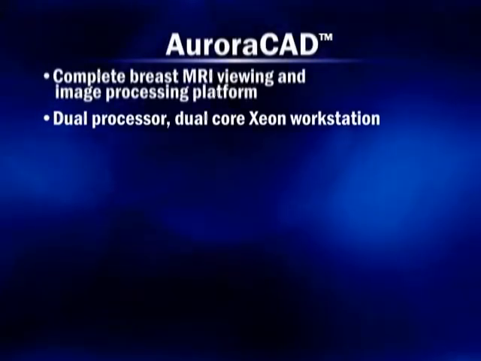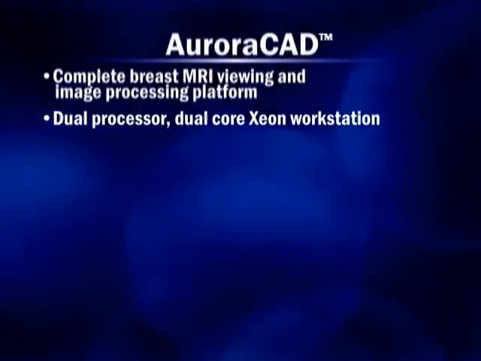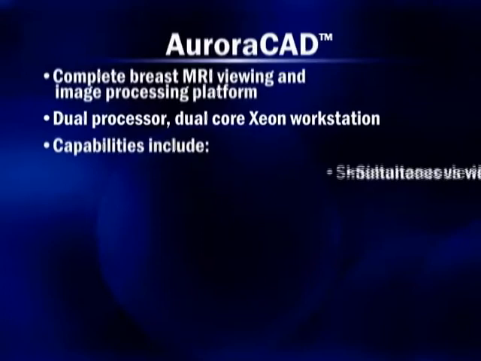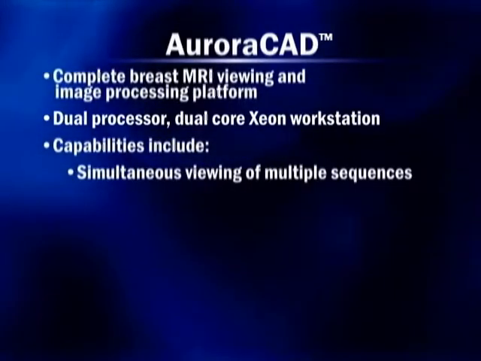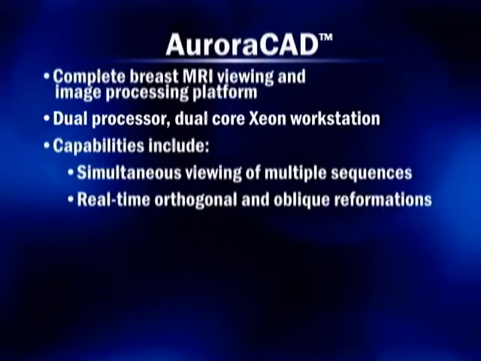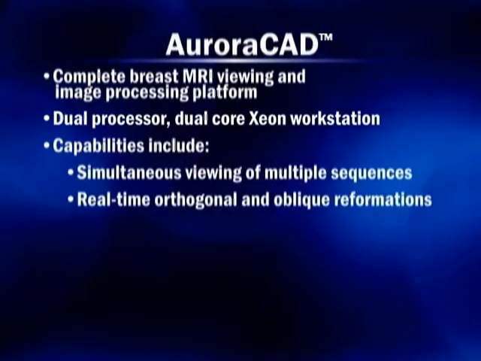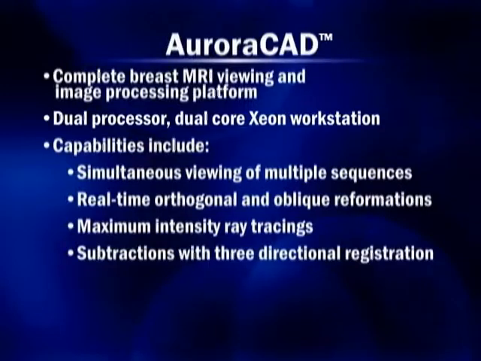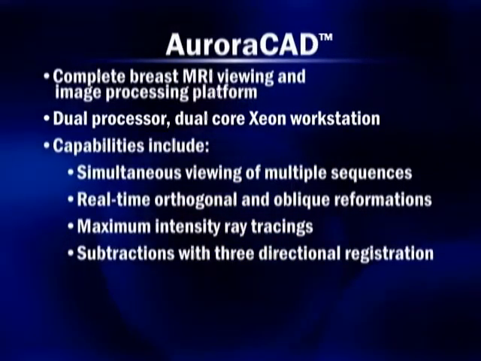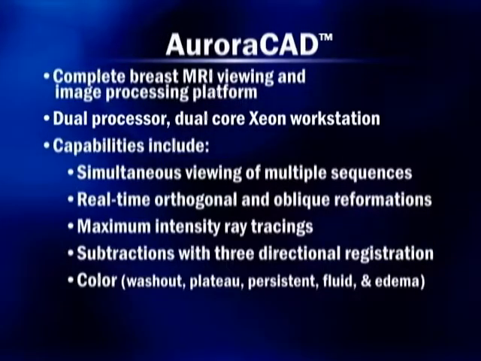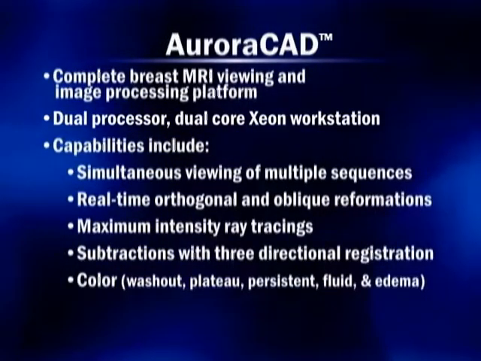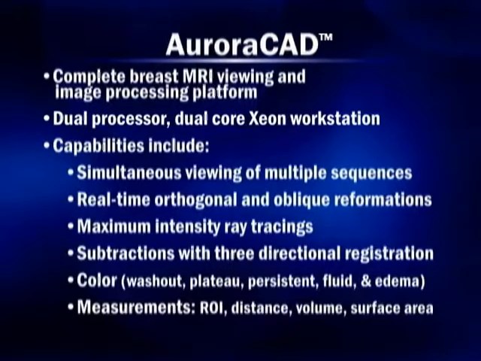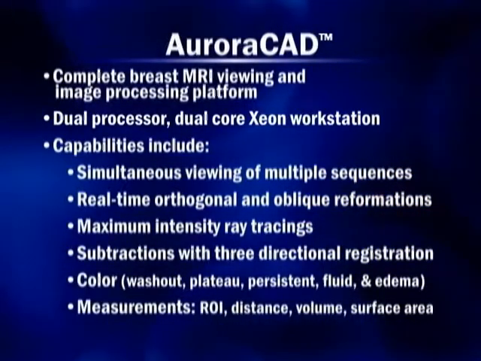AuroraCAD integrates the revolutionary imaging capability of the Aurora scanner with the spiral RODEO into a package that is capable of providing the following features: simultaneous viewing of multiple sequences on the same screen, real-time orthogonal and oblique image reformations, maximum intensity projection ray tracings, subtractions with three-dimensional registration for correction of patient motion, color coding, washout, plateau, and persistent dynamic curves, fluid and edema, and a number of automated measurements including regions of interest, ROI, linear distance, volume, and surface area.